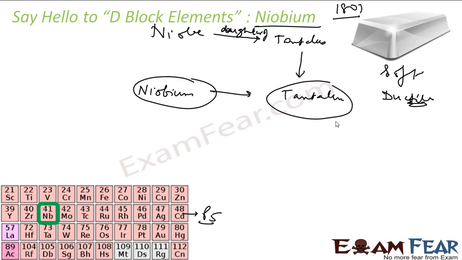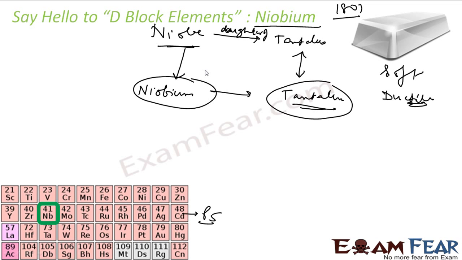Since Tantalus's daughter is Niobe, and from Tantalus the word tantalum came, and tantalum metal resembles this new metal, they gave this new metal the name niobium, correct? Because it resembles tantalum, and tantalum came from Greek mythology Tantalus, and Tantalus's daughter was Niobe, so they named this after Niobe.